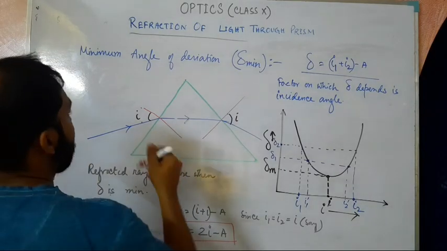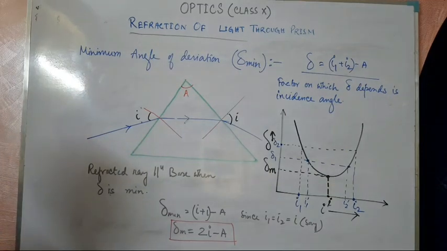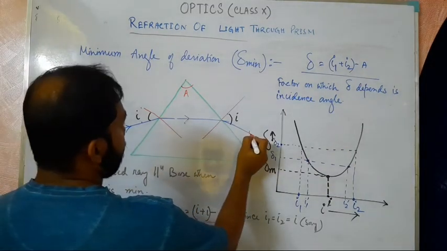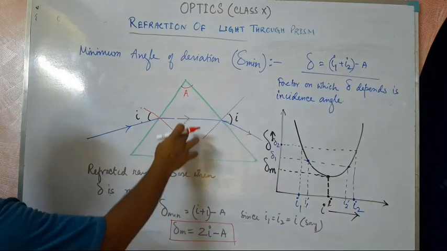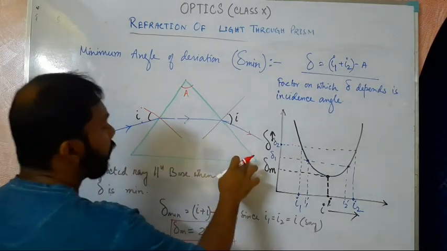A is always the prism angle, and in case of minimum deviation, the most important thing is that the refracted ray becomes parallel to the base.